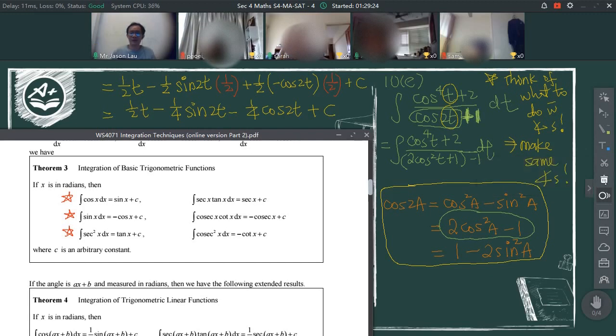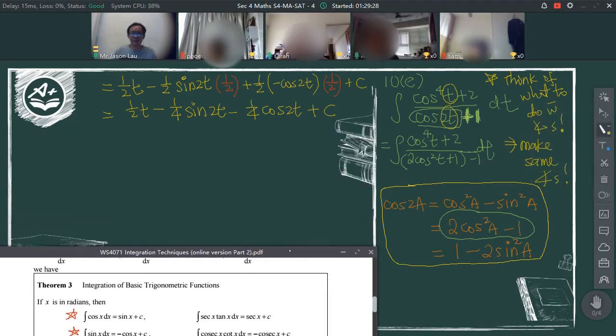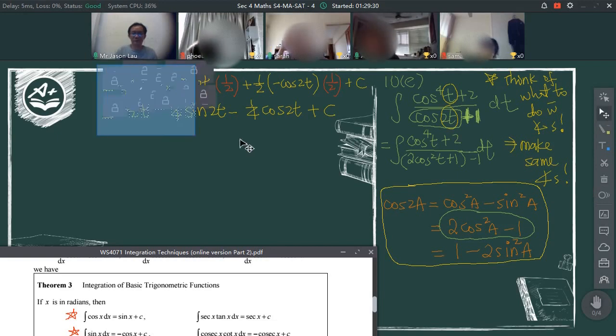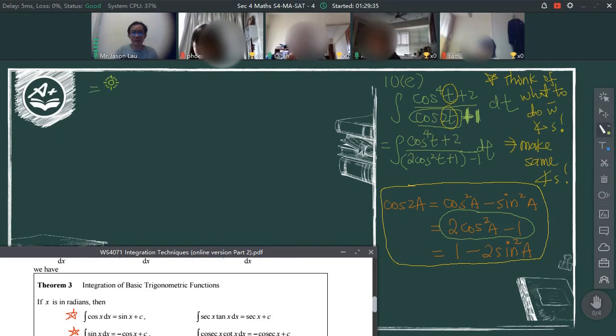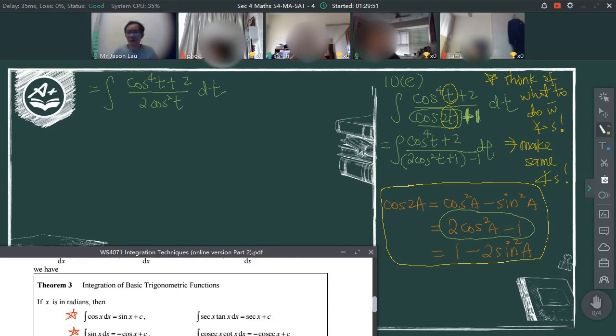Okay. So if we can, we proceed on over here. So your integration becomes cosine to the power 4, 4t plus 2 over 2 cosine square t. We remove the 1. Then what to do next?